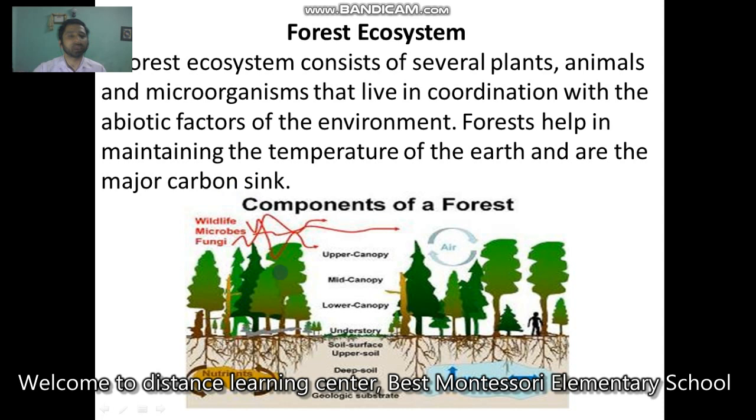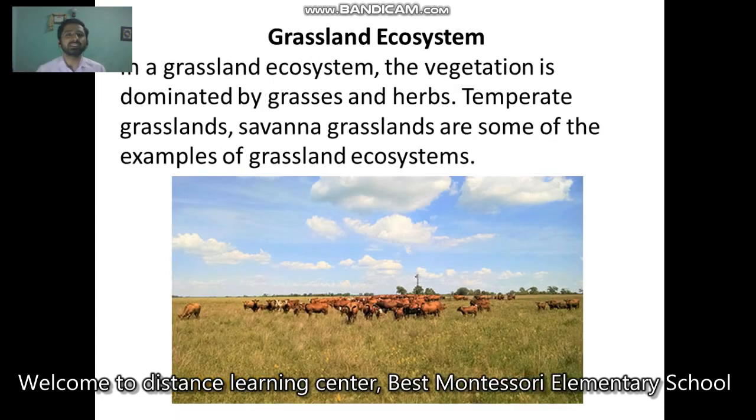Now here the microbes are present in the forest itself. All the living creatures are present in the forest itself, and all the non-living things like water, soil are in the forest. Forest ecosystem means the relationship between living and non-living components that are present in the forest.